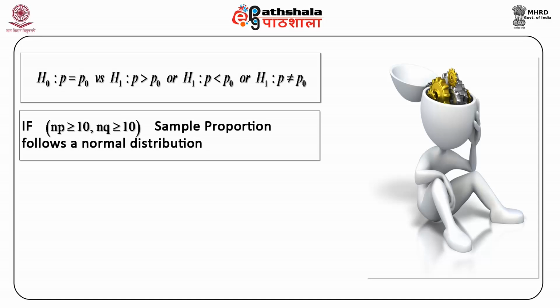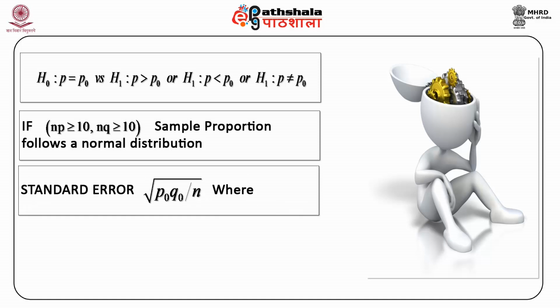If the sample is large, where nP is greater than or equal to 10 and nQ is greater than or equal to 10, but small relative to the population, that is, the sample is not more than 5% of the population size, the distribution of sample proportion p hat can be approximated by the normal distribution. The test statistic is calculated under the assumption that the true proportion is P naught.